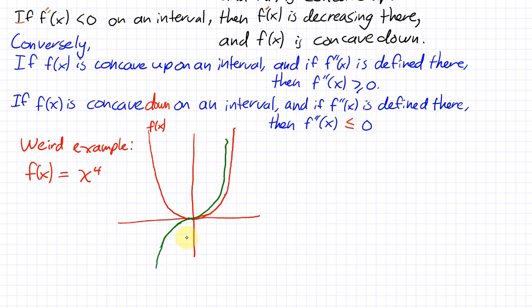So the derivative would have that kind of shape, and then the second derivative, when we graph that, is going to look like a parabola there, and it will actually touch the origin. So this is an example where f of x is concave up.